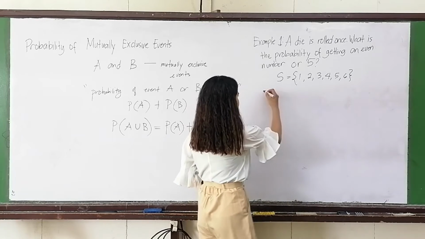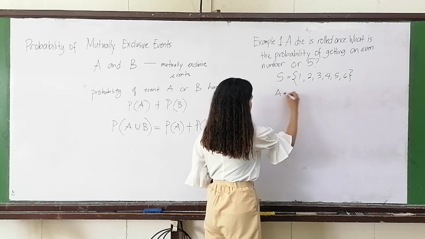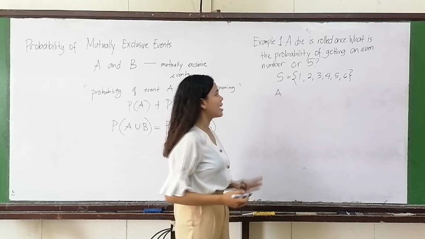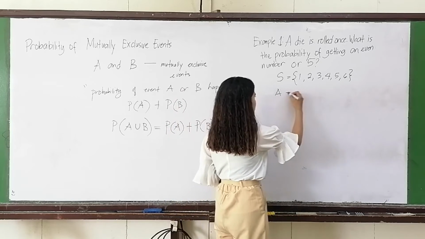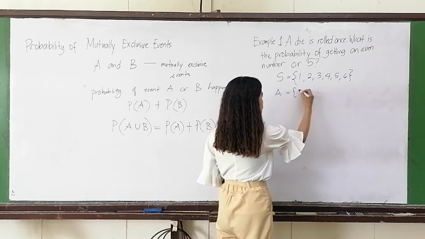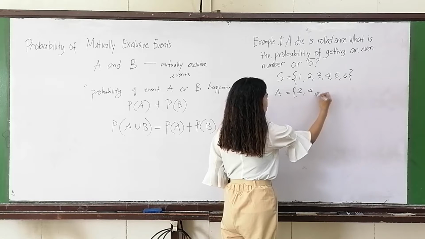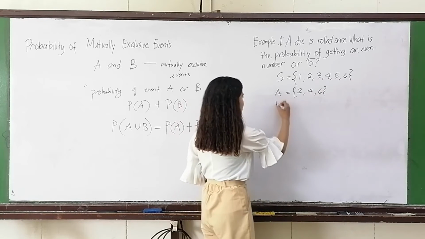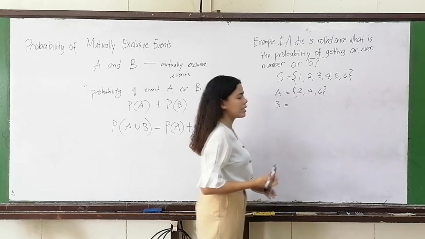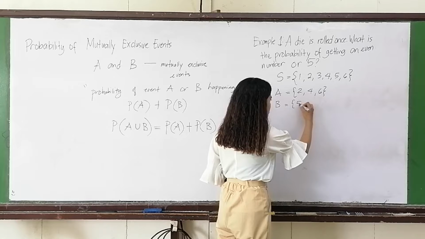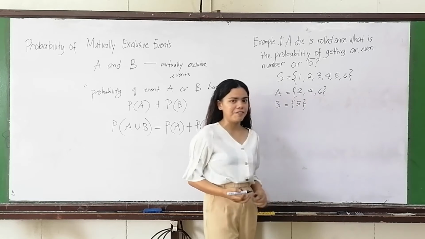We'll let A be the event of getting an even number. So the sample points for A are 2, 4, 6. And then we let B be the event of getting a 5. Therefore, the sample point here is 5.